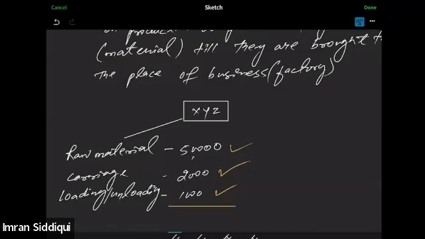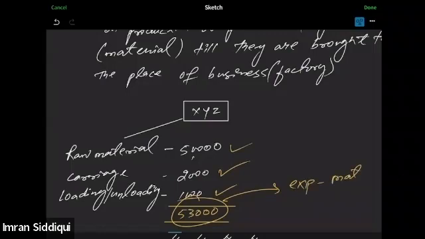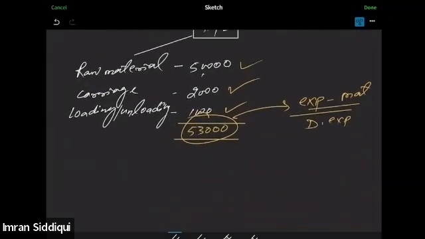So the total cost of raw material will be 50 plus 2 plus 1, that is 53,000. And since this is the expense incurred on purchase of material, this expense will be considered a direct expense. And since it is a direct expense, we will be recording that in the trading account. When we prepare the trading account, we have to record 53,000 in the trading account. Why?